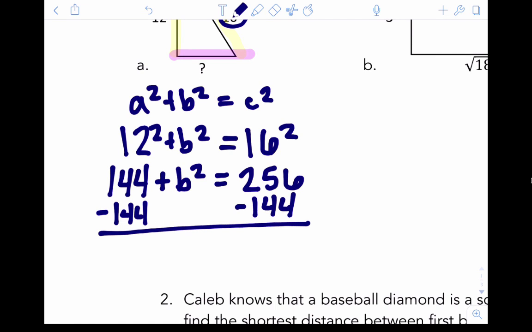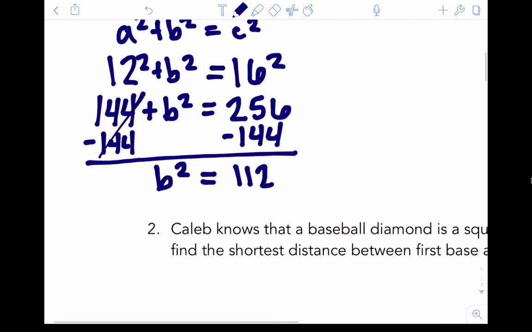So 144 minus 144 cancels out. And so I'm going to bring that b squared on down. And 256 minus 144 is 112.